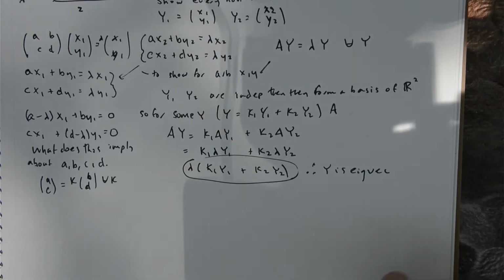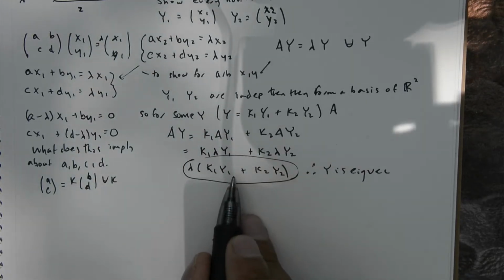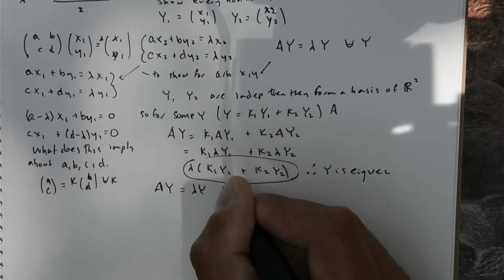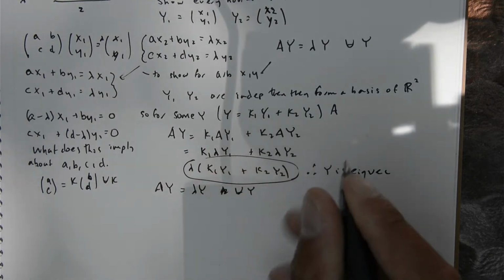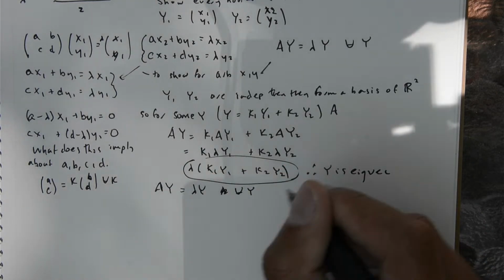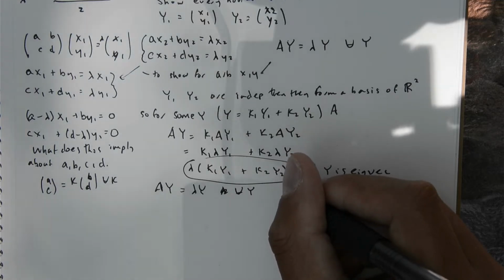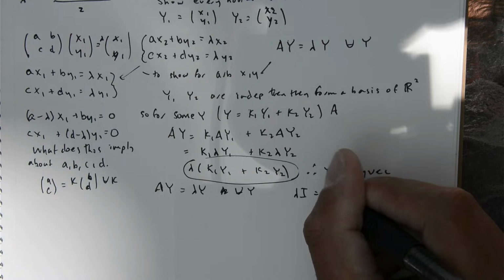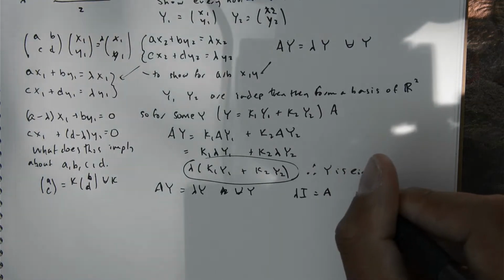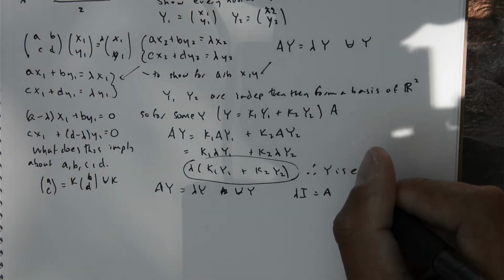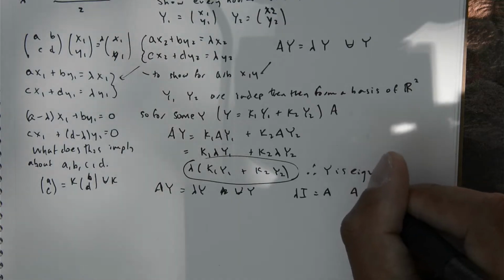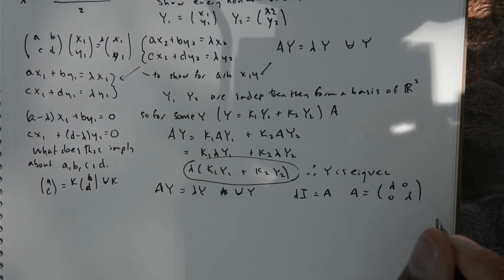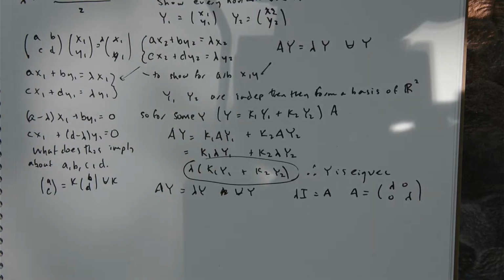All right, so since Ay is equal to lambda y for all y, then this means that we can write lambda I is equal to A. So then if that's the case, then A is equal to lambda, 0, 0, lambda. So that's the last part of that.